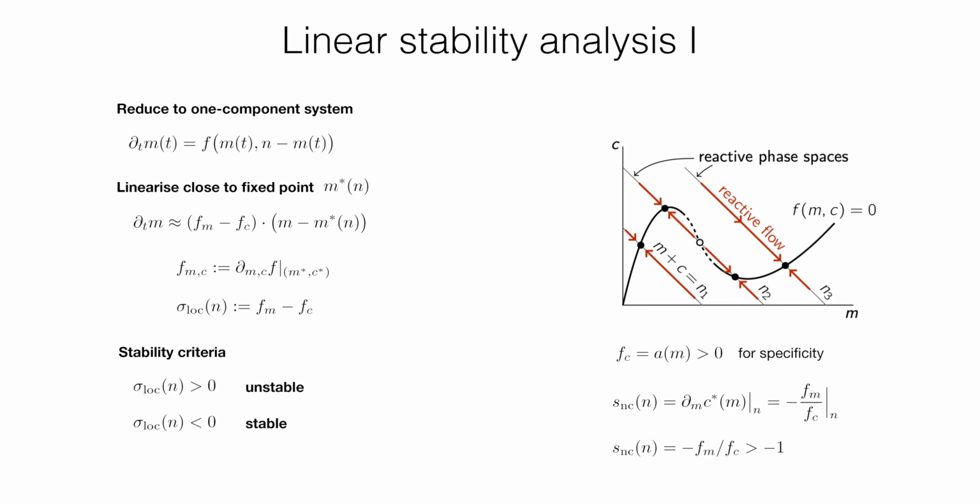If, however, it cuts the mass-conserving subspace from the top, then you violate this stability condition, because the slope is then steeper than minus 1. That means simply, if I go along this nullcline, every time I construct the tangent, if this tangent has a slope steeper than minus 1, I'll put a dashed line. So this window here is a window of unstable fixed points. Right? And then you see what happens.